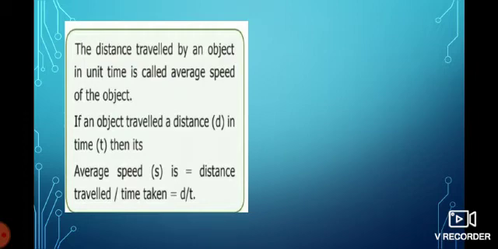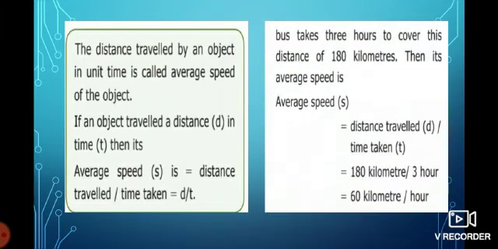Let us explain how to calculate the speed of an object. Suppose there is a sum: a bus takes 3 hours to cover a distance of 180 kilometers. Then what is the average speed?